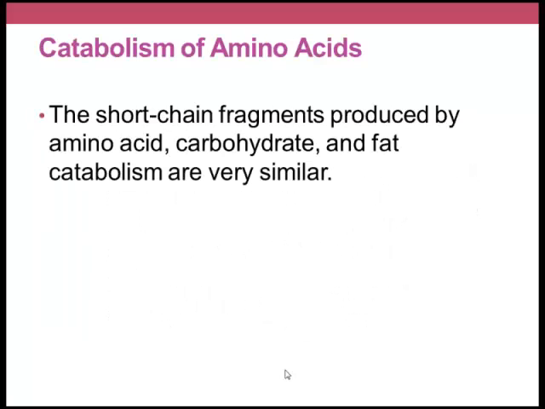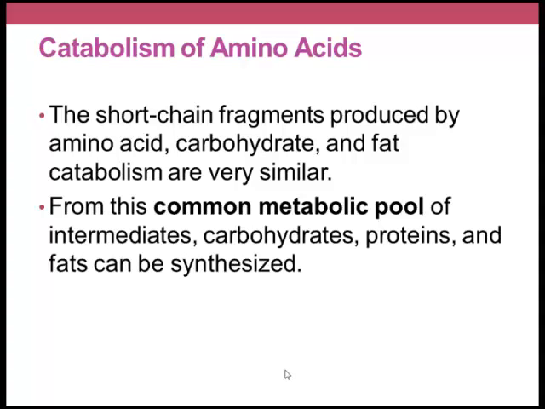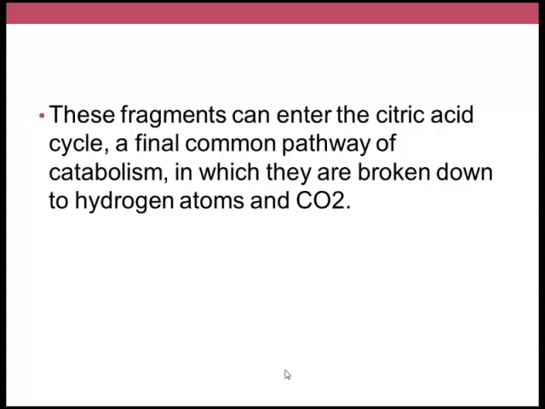Catabolism of amino acids. The short chain fragments produced from amino acids, carbohydrates and fats are very similar in metabolic aspects. They are catabolized in a very similar way, and they have a common metabolic pool of intermediates, from carbohydrate, protein, or lipid metabolism.